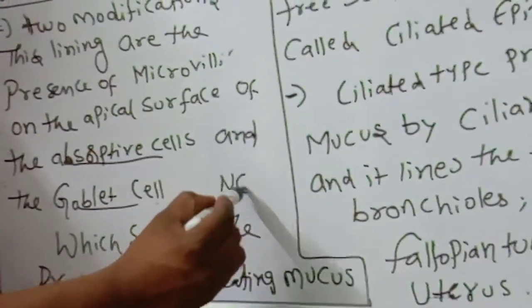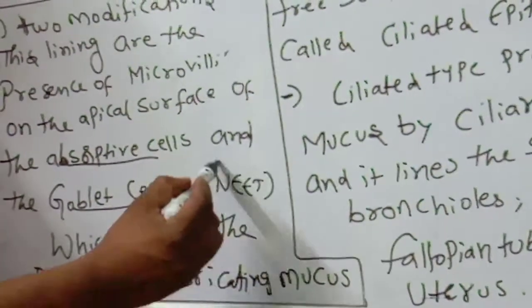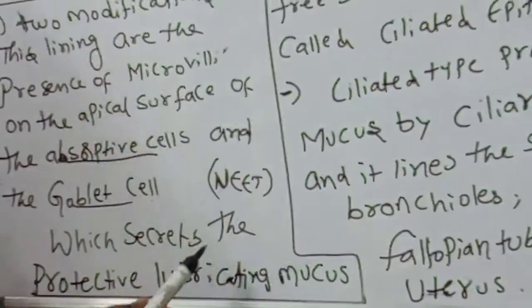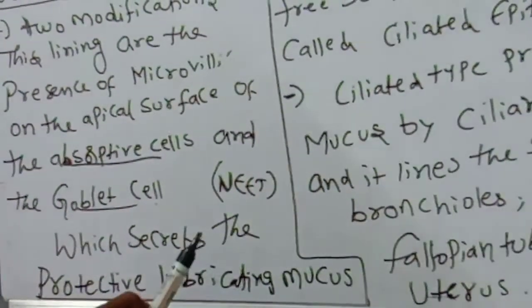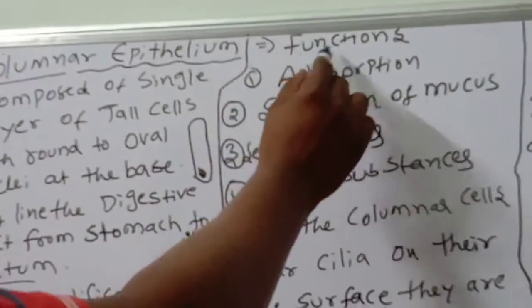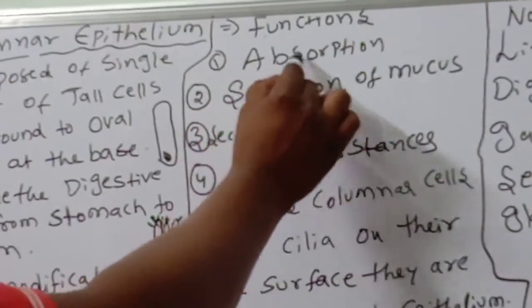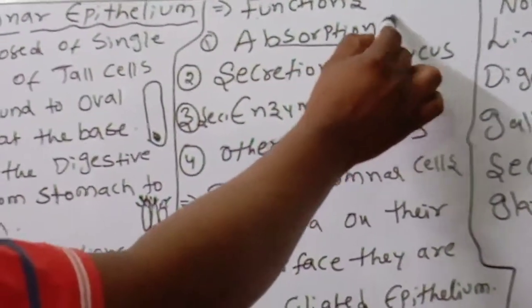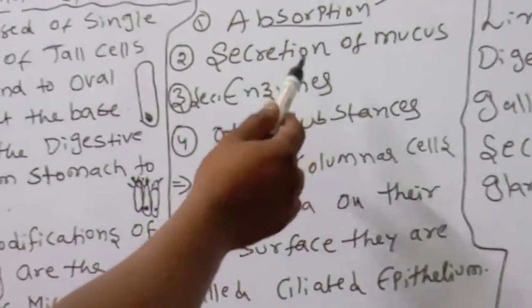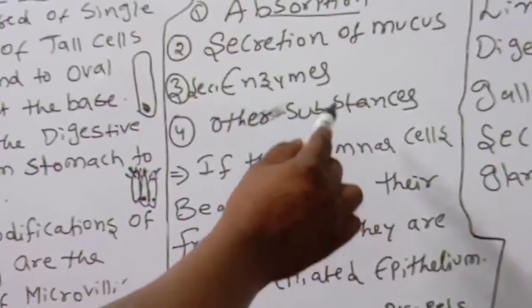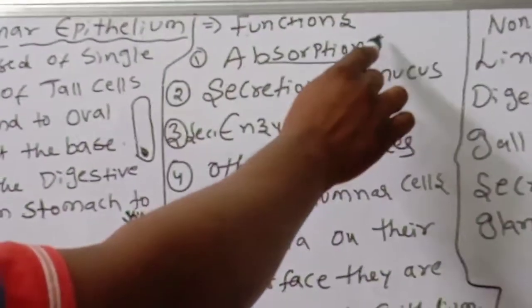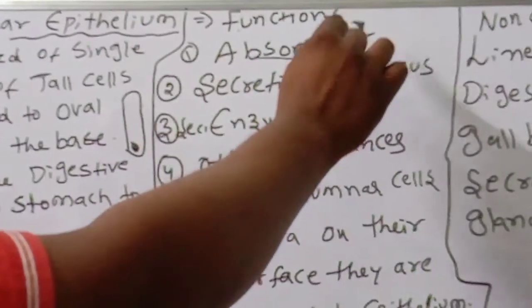This is the most important point. Next, the functions of this columnar epithelium. Number one, absorption. They absorb the digested food. From stomach to rectum, digestion takes place, and after digestion the food is converted into small particles.